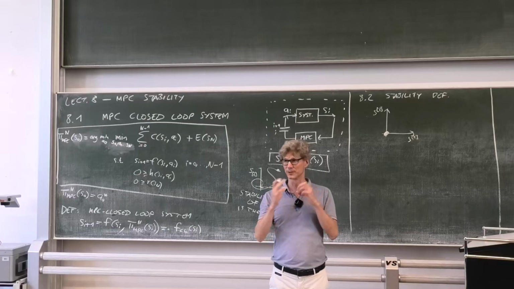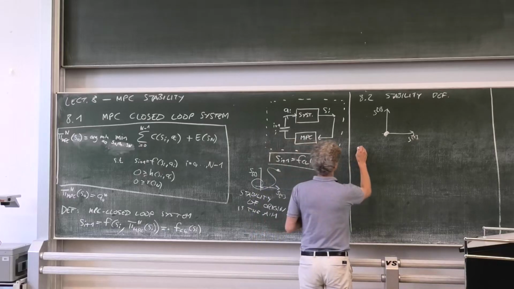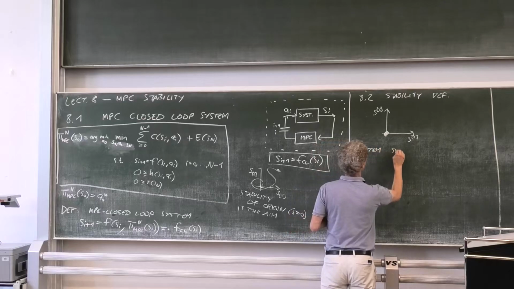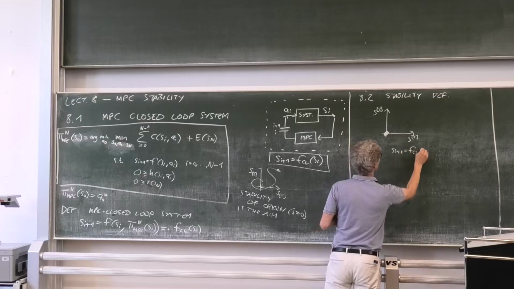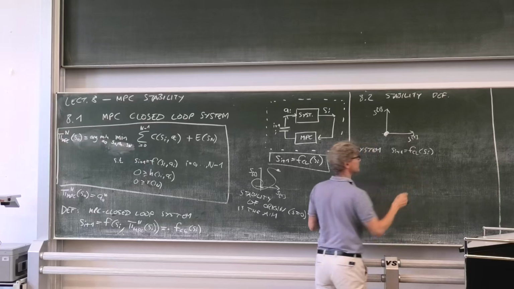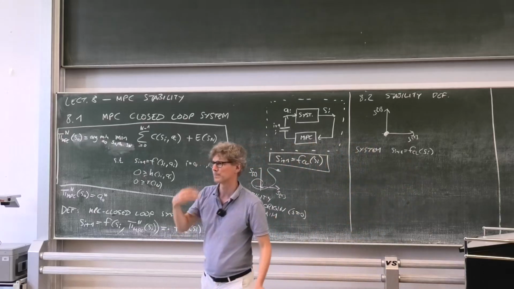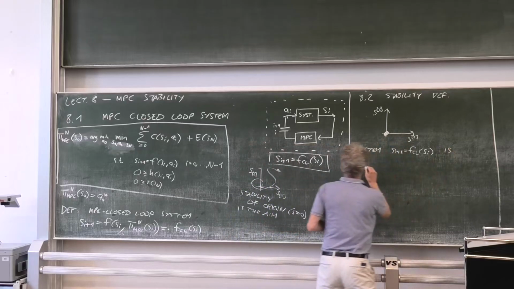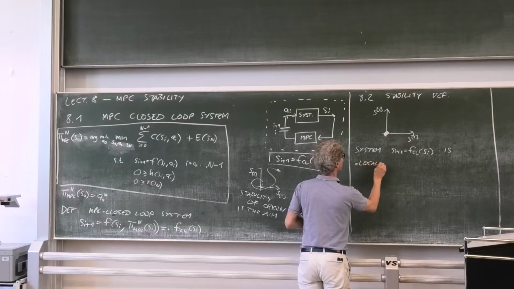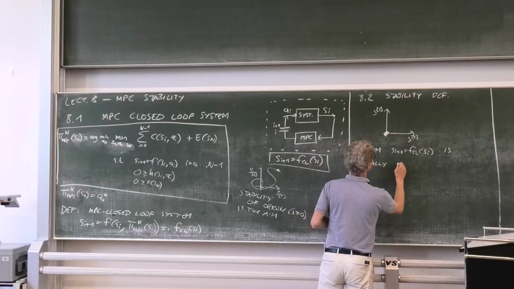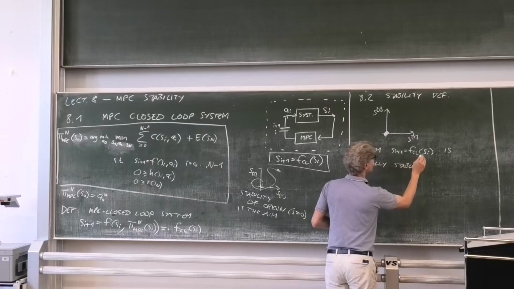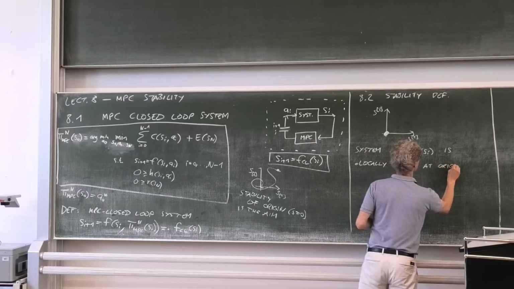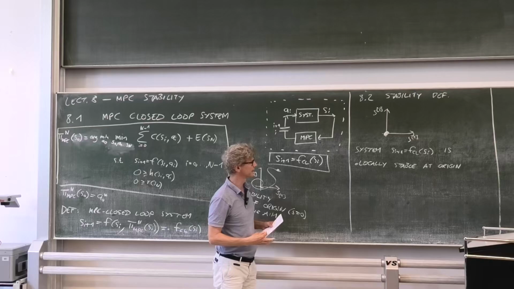That's basically what local stability means. So let me just define it. System S_{i+1} equals F_CL(S_i). I keep using the CL here. That's not too clumsy, but it holds for any other system as well, right? Is locally stable at the origin, of course. That's our restriction here without any loss of generality.